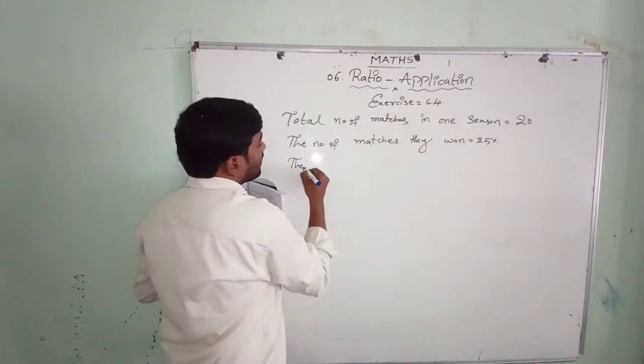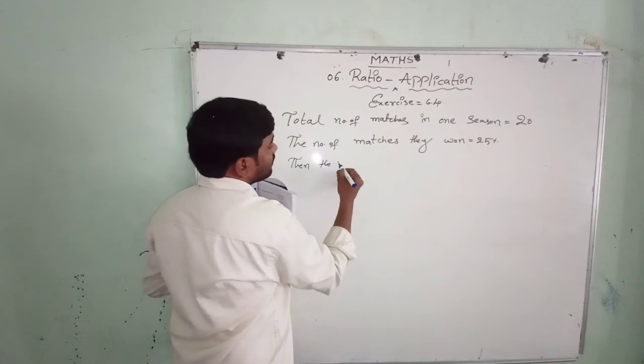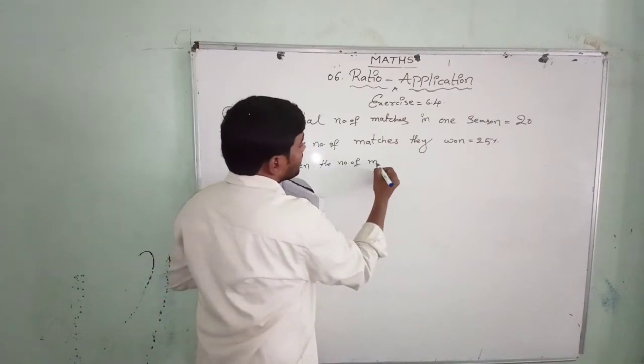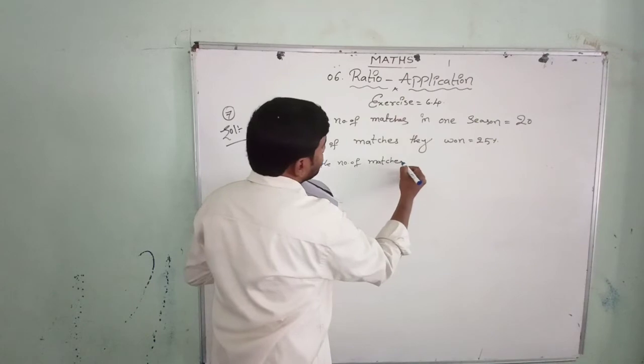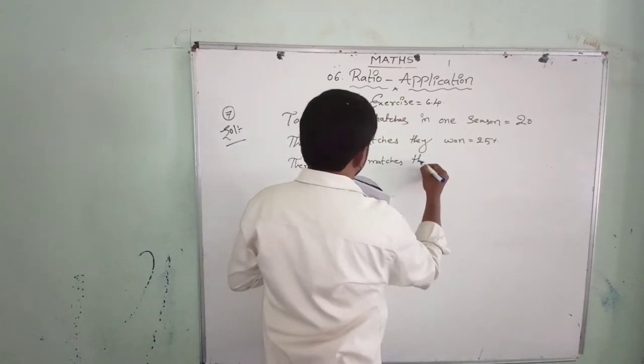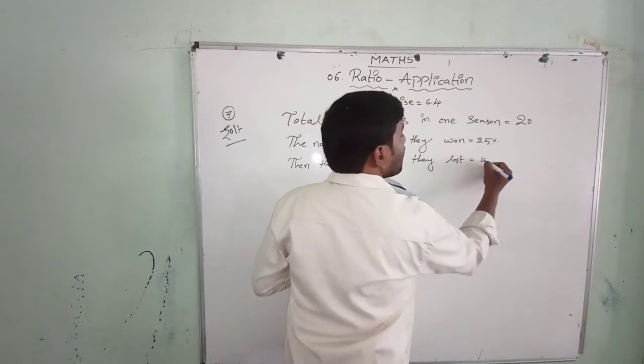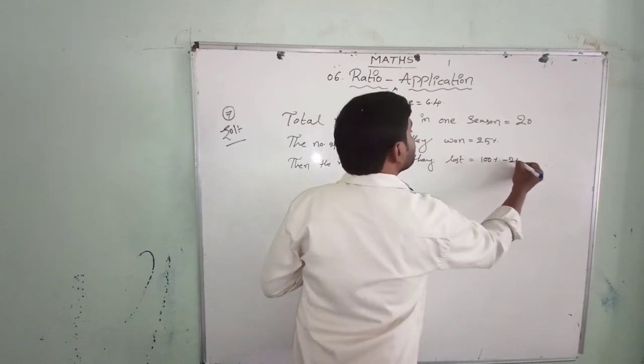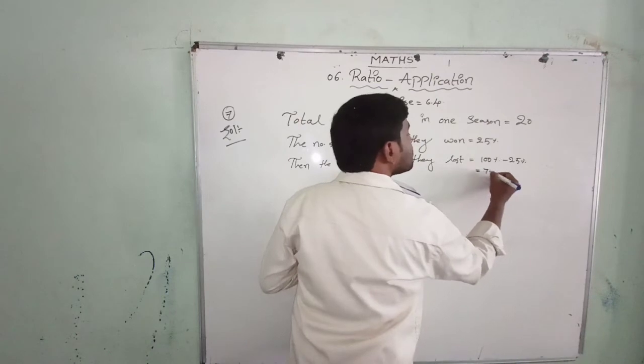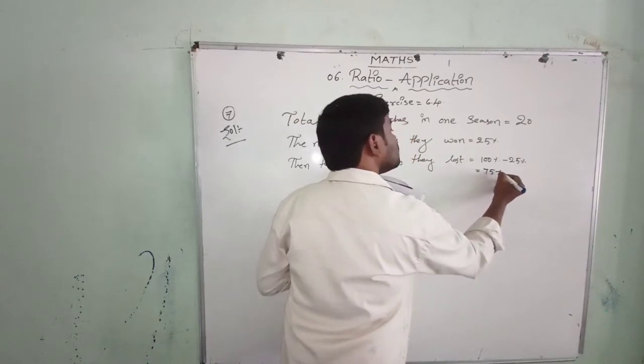Then the number of matches they lost equals 100% నుంచి 25% మ్యాచెస్ గెలిచారు. అంటే 75% మ్యాచెస్ లూజ్ అయ్యారు.